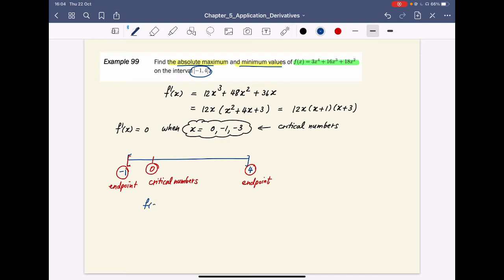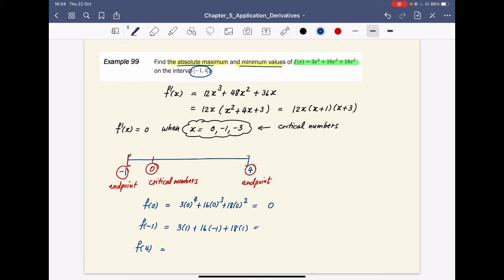So f(0), f(-1), and f(4). All right, so f(0) is going to be 3 times 0 to the 4th power plus 16 times 0 cubed minus 18 times 0 squared. Boom, boom, boom. So this is 0, right? And then for -1, you get 3 times 1 plus 16 times -1 plus 18 times 1.